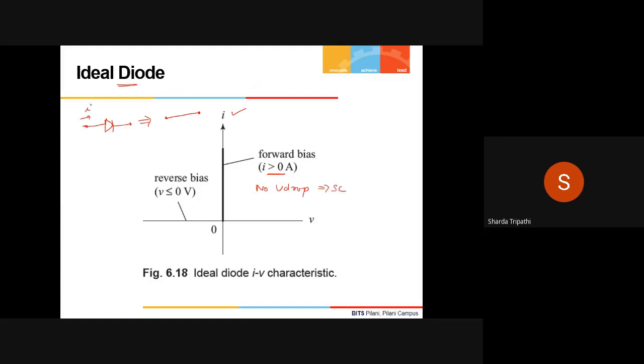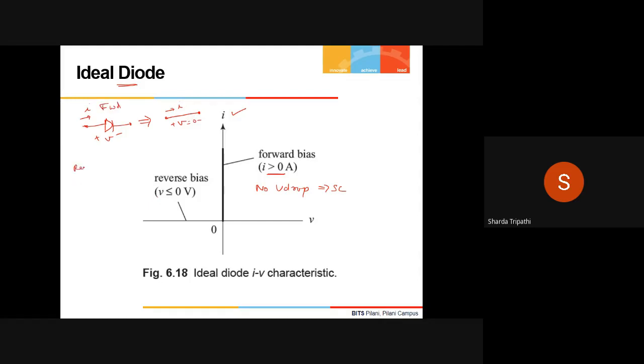So earlier this current was I and there was some voltage drop V. This will be approximated as V equal to 0 and still some finite current I flowing through it, depending upon the value of other circuit elements. This is the case of forward bias.